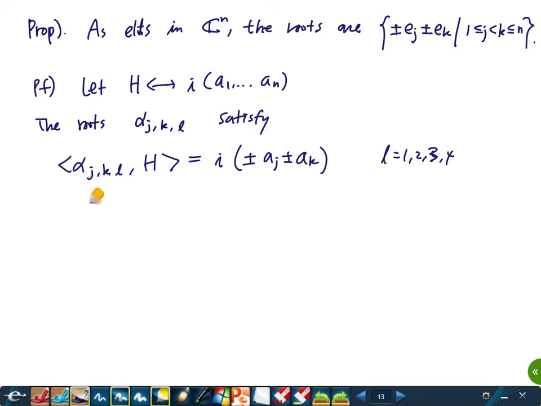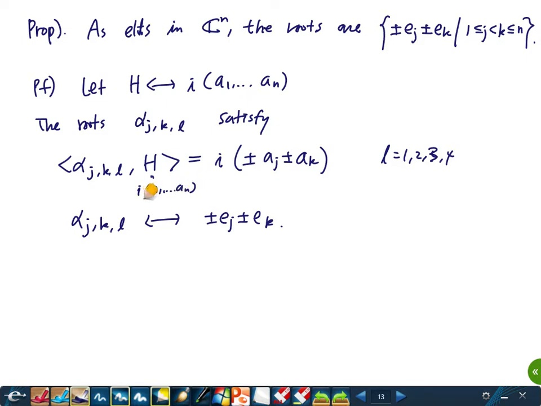But what is this then, alpha_{jkl}? So here, this is like i, A1, ..., An. For which vector do we have this property? These are them, corresponding to plus minus e_j, plus minus e_k, because we want to extract the jth component and kth component.